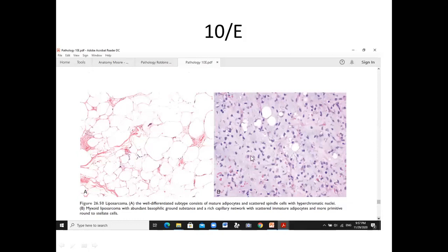This is myxoid liposarcoma, which consists of basophilic ground substance and a rich capillary network. These red colors are all the rich capillary network, and scattered immature adipocytes. These are immature adipocytes, fetal-like, and more primitive round to stellate cells.